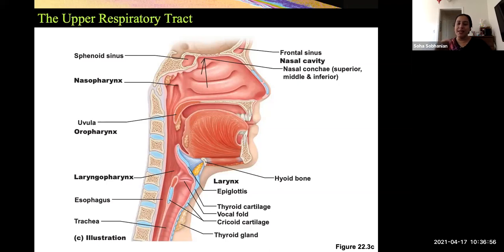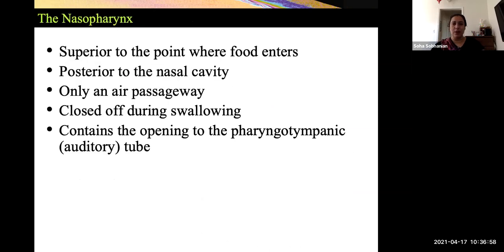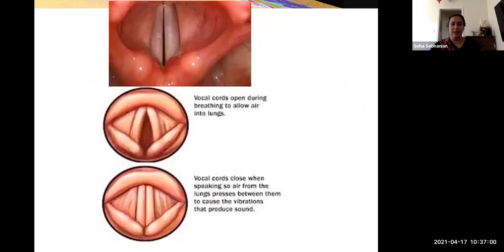So what creates sound? This is already on your PowerPoint, but I just want to point it out again. What creates the sound is when you bring air into your respiratory system, okay? Your glottis is in an open position, so air can come inside your air passageway.